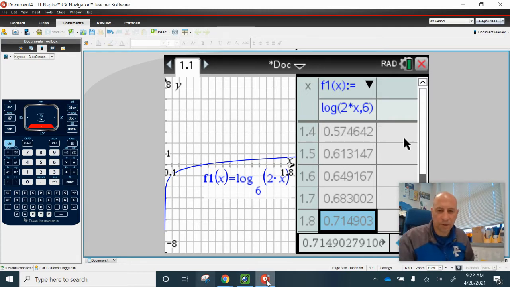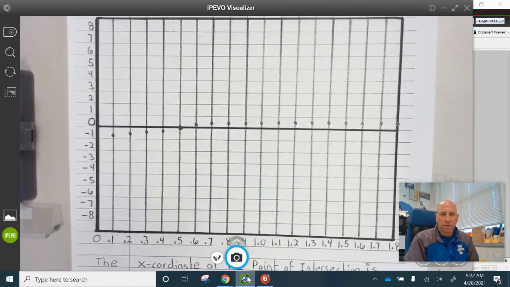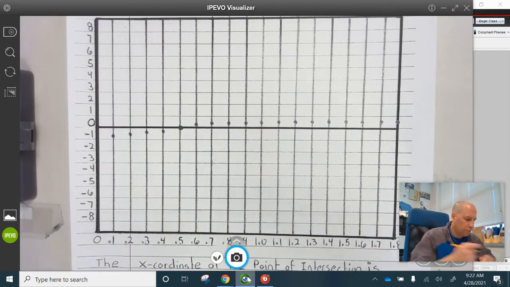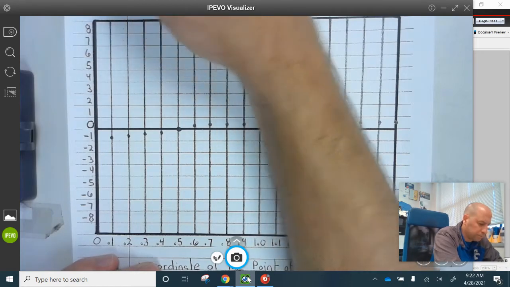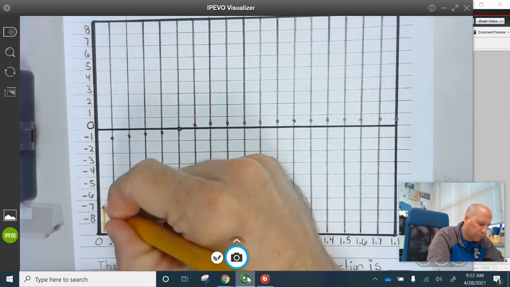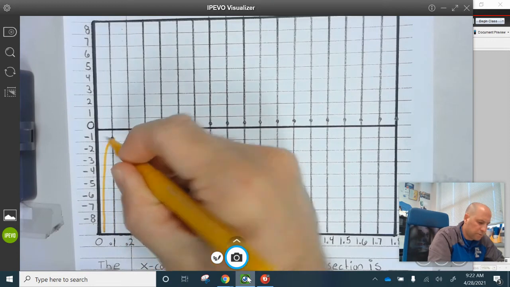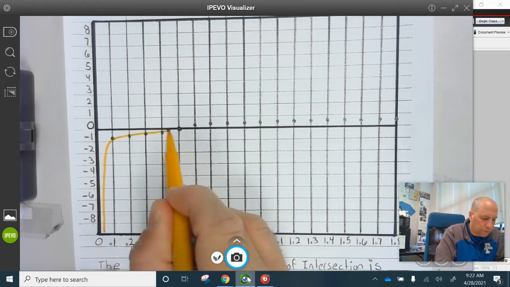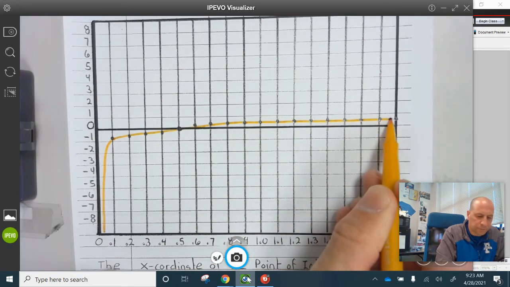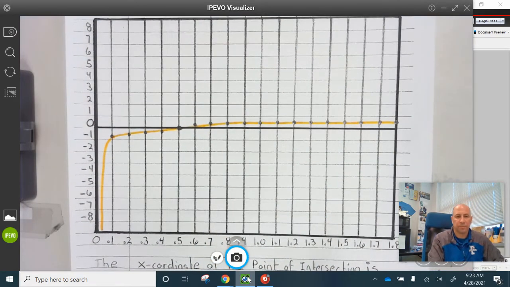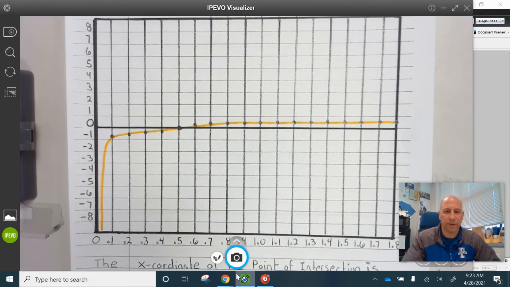All right. So we have our points. We're going to graph the left side in yellow. Now we know that it falls along the asymptote there. It's going to go through the points there.